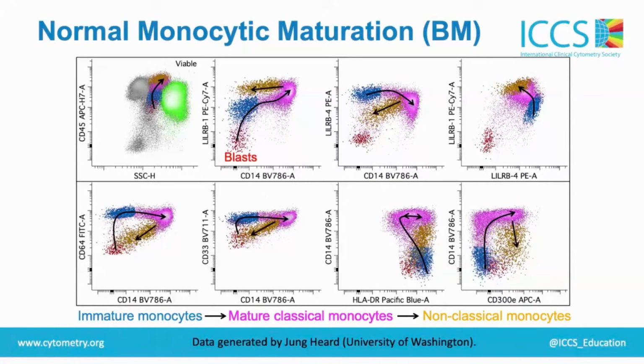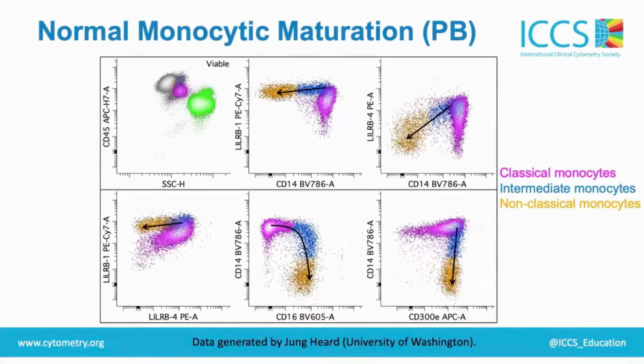The immature monocytic cells express bright DR and LILRB4, lower level of LILRB1, and lack CD14 and CD300E.